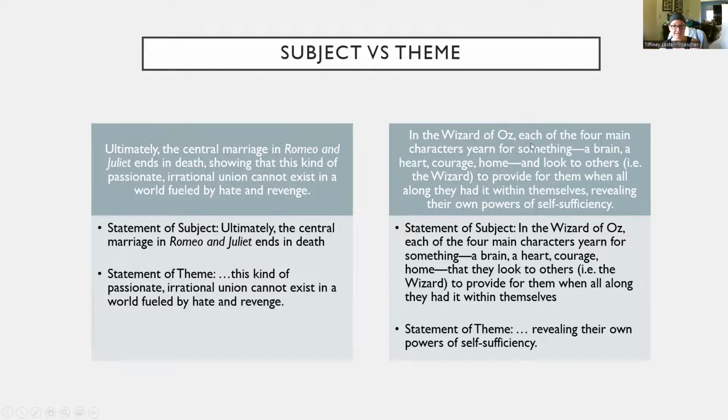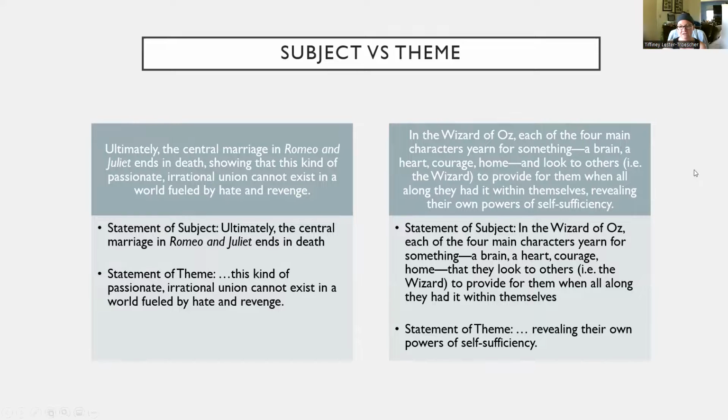Same thing over here. In The Wizard of Oz, each of the four main characters yearn for something: a brain, a heart, courage, home, and look to others, in other words, the wizard, to provide for them, right? When all along they had it within themselves, revealing their own powers of self-sufficiency, right? So all of this right here is really just the subject, what the movie's about.